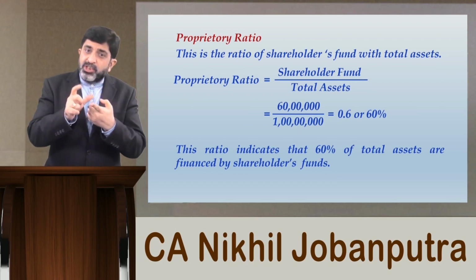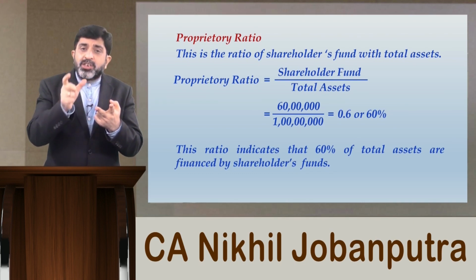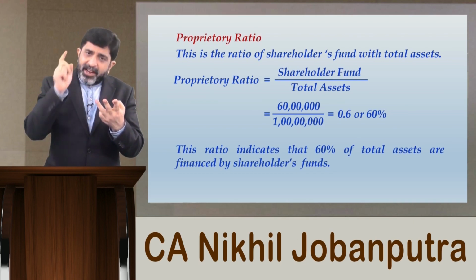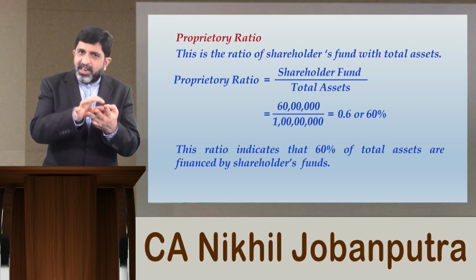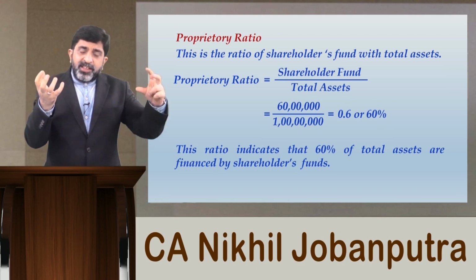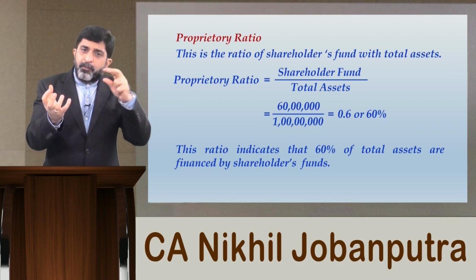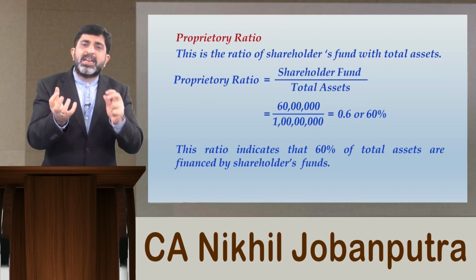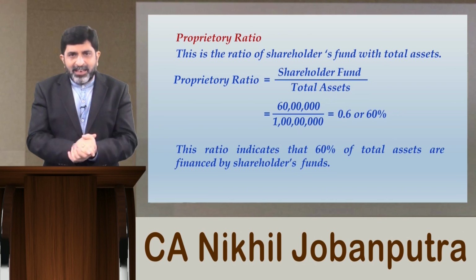One is shareholders funds, which is 60 lakhs, another is long term debt, which is 20 lakhs, and yet another is current liability, which is 20 lakhs. So 60 lakhs, 20 lakhs, 20 lakhs. So 1 crore of your asset, 60% funded by your shareholders, 20% funded by long term debts, and 20% funded by short term liabilities or current liabilities.